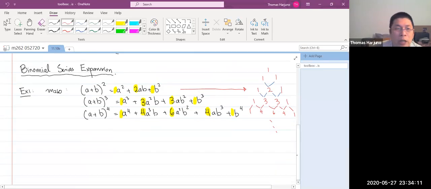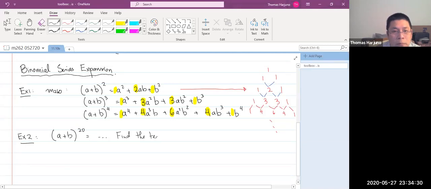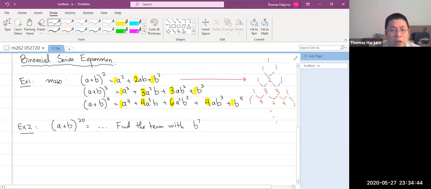Now, what happens if the exponent is a lot higher? Suppose I have (a + b) to the power of 20, and I want to find the term with b to the 7th.